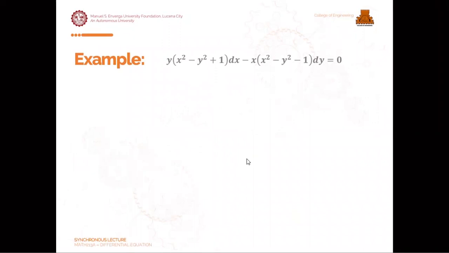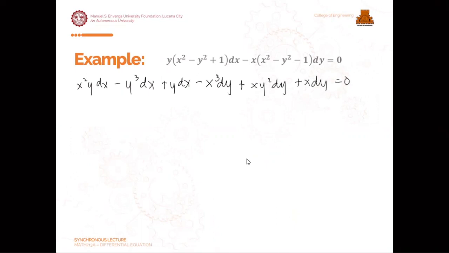Kapag distribute ko na and multiply, so we have x squared y dx minus y cubed dx plus y dx minus x cubed dy plus xy squared dy plus x dy is equal to 0.